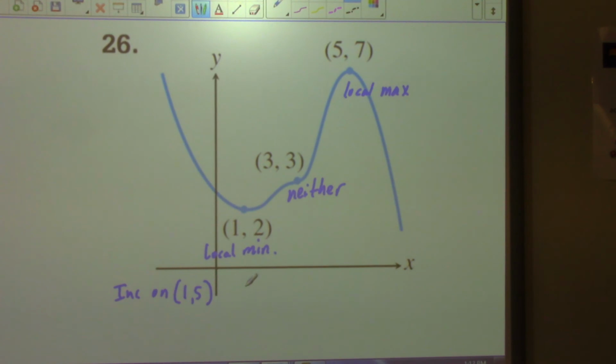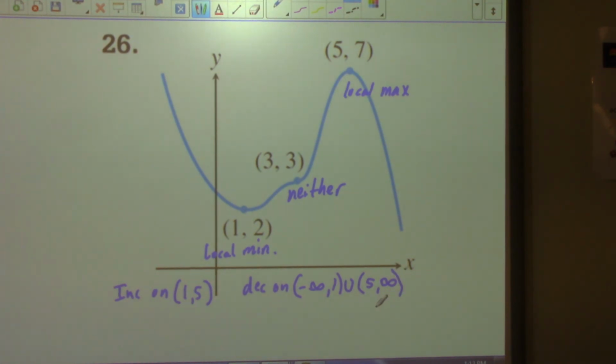Okay, and where are we decreasing? Negative infinity to 1. And where else? Anywhere else? 5 to infinity.